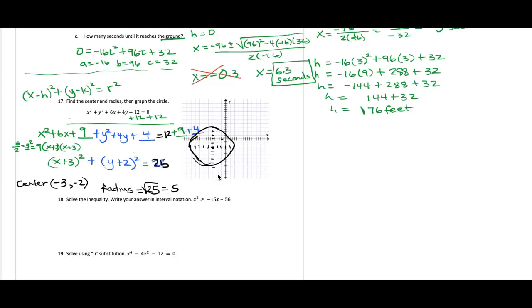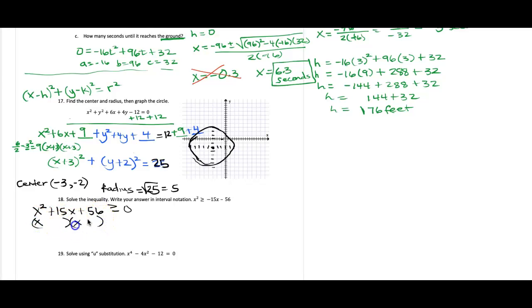That means I'm going to add the 15x over, and add the 56 over. So that's going to give me x squared plus 15x plus 56 is greater than or equal to 0. And then this is going to factor.